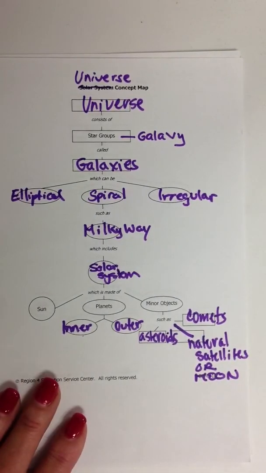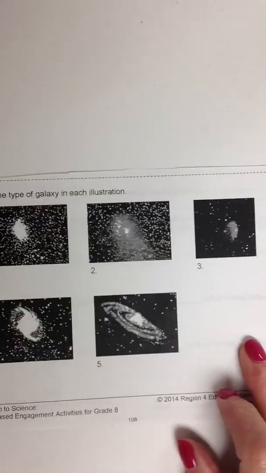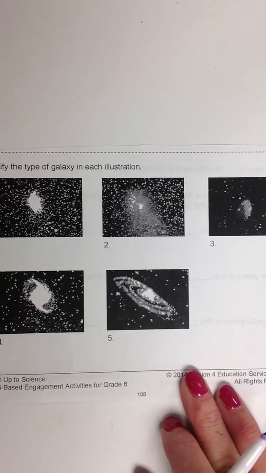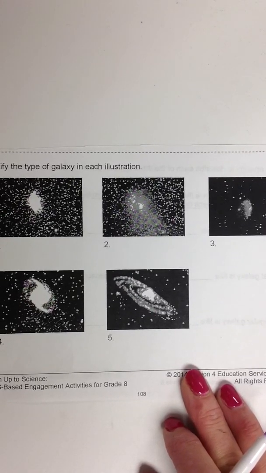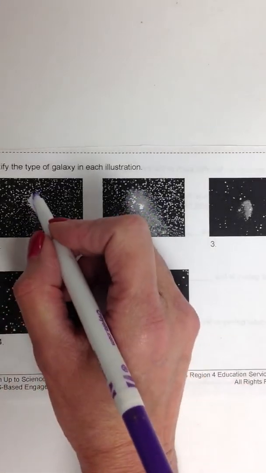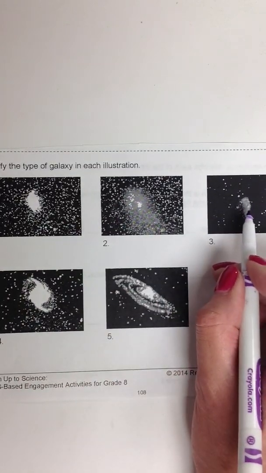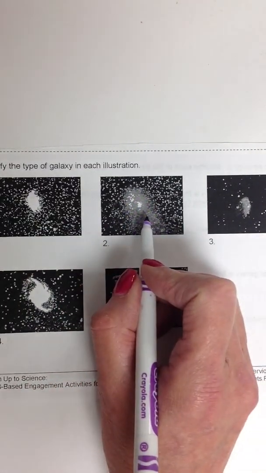Now let's look at these types of galaxies. You did this the other day. Really and truly, it's really hard to say which ones are elliptical or irregular, but if you look at this one, it's pretty egg-shaped, and this one seems pretty egg-shaped, whereas this one is just all over the place.